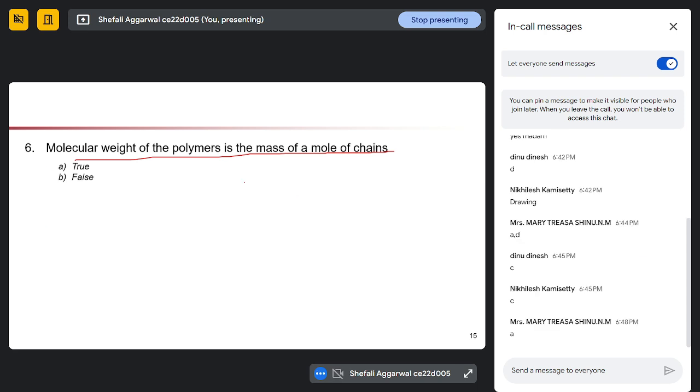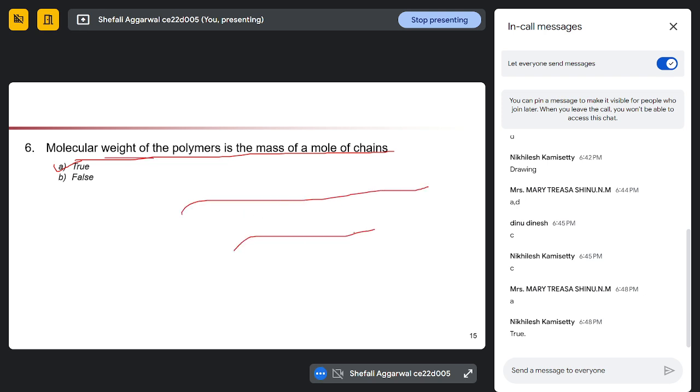Yes, A, correct. So we talked about the molecular weight of a polymer. As we increase the chain, our mass will increase. So it is the mass of the moles of chain. True.